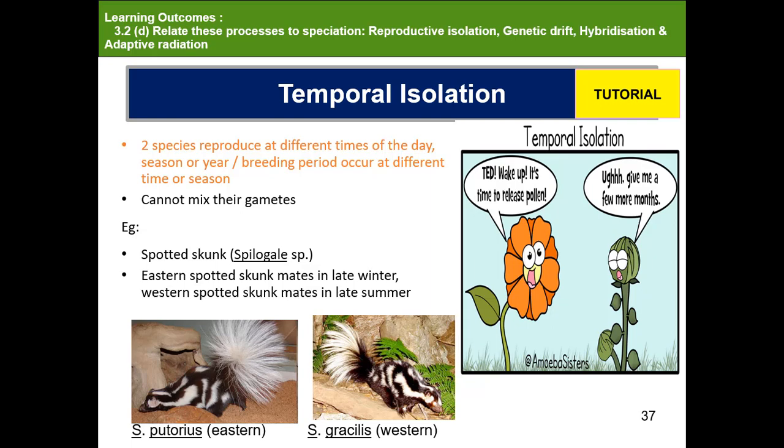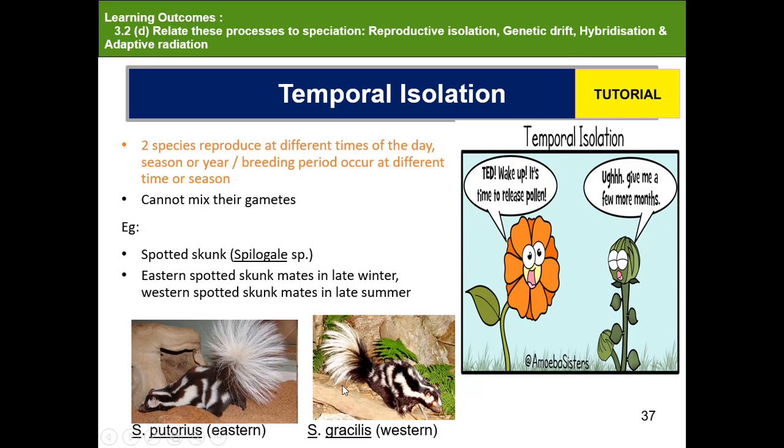Okay, next factor is temporal isolation. Two species reproduce at different times of the day, season or year, or the breeding period occurs at different times of the season. Let's look at the first example, the spotted skunk. The eastern spotted skunk mates in late winter, while the western spotted skunk mates in late summer.